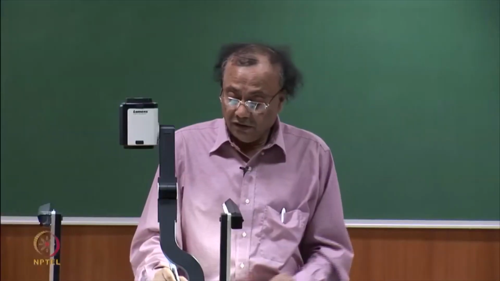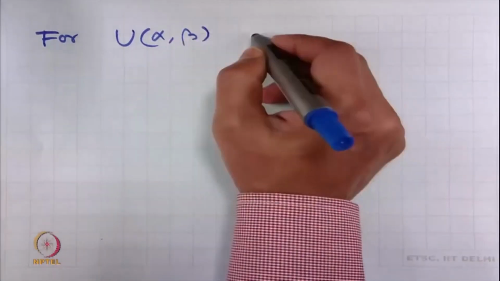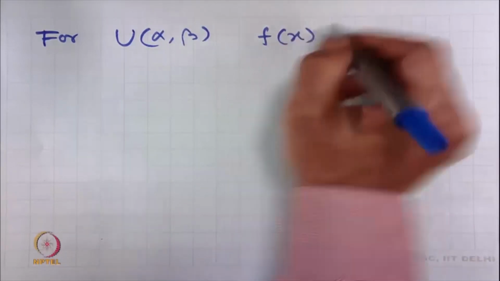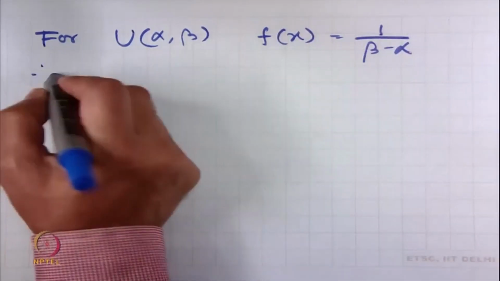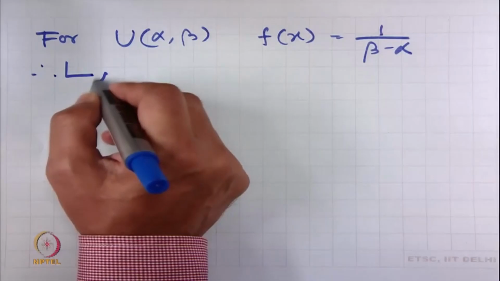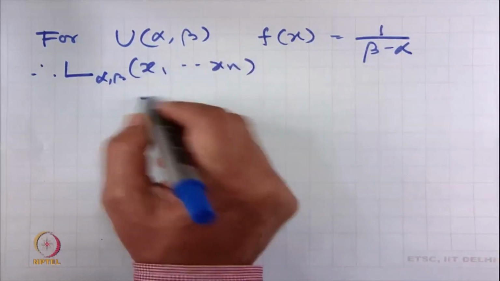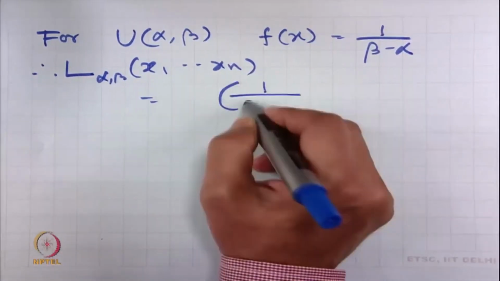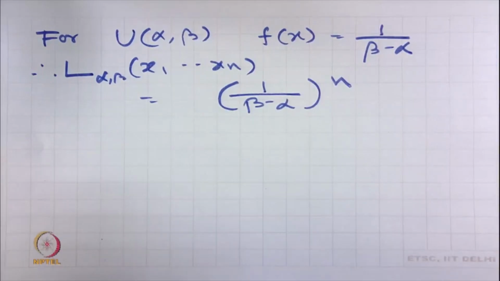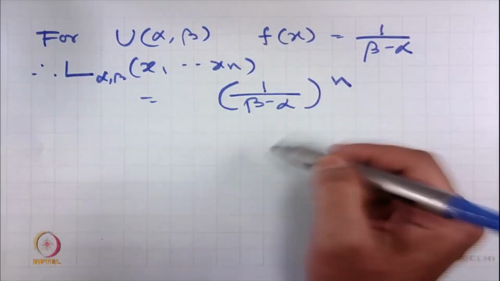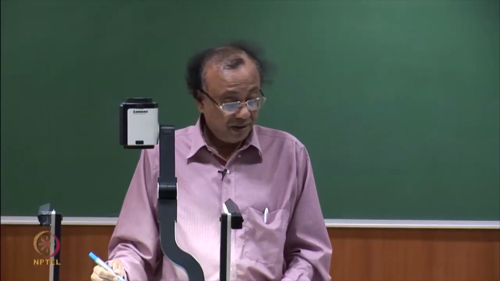For uniform alpha beta, f of x is equal to 1 upon beta minus alpha. Therefore, the likelihood function of x 1, x 2, up to x n is equal to 1 upon beta minus alpha whole to the power n, and this does not give us any solution.